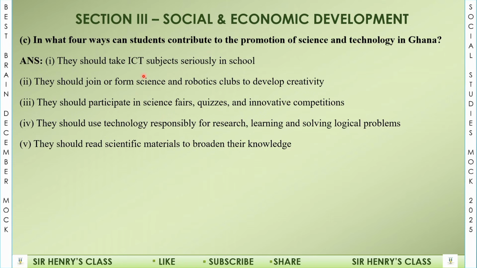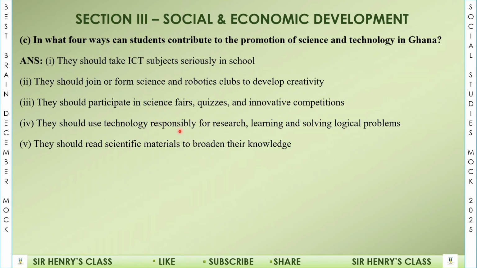So one, they should take ICT subjects seriously in school, especially computing, robotics, artificial intelligence. It's important that students take them very seriously. They should join or form science and robotics clubs to develop creativity. They should participate in science fairs, quizzes, and innovative competitions.